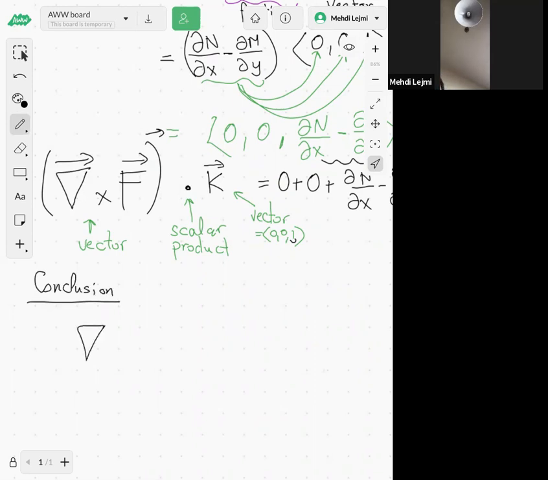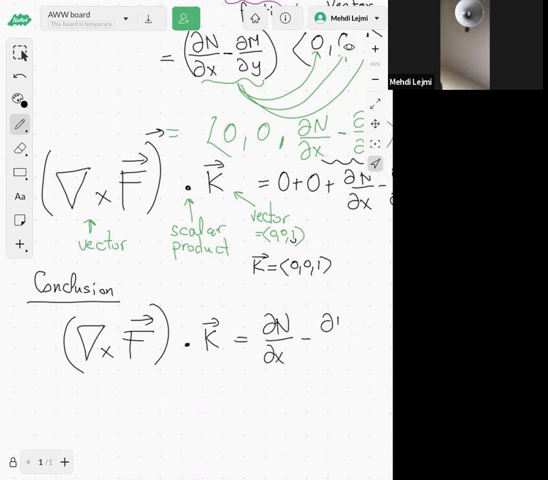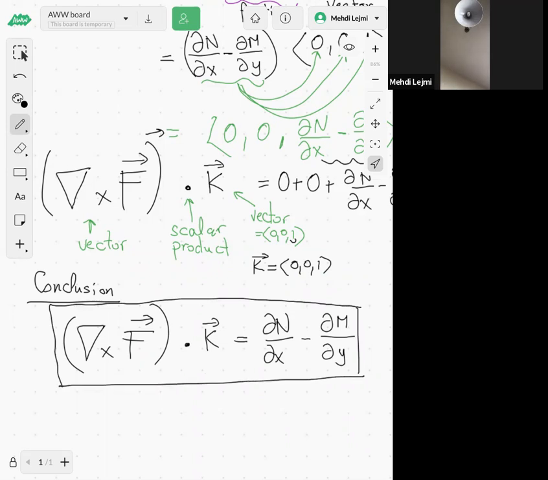If you do the curl of F, you don't need the arrow over nabla, curl of F, scalar product with the vector k, again k is just the vector 0, 0, 1, that will be equal to the function partial N partial x minus partial M partial y. In other words, I can write the double integral over D using this cross product.